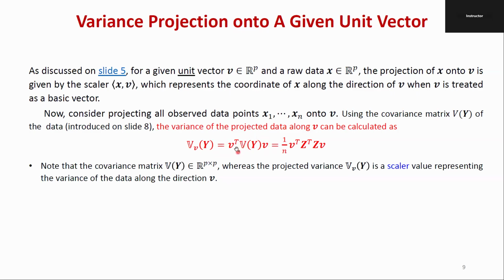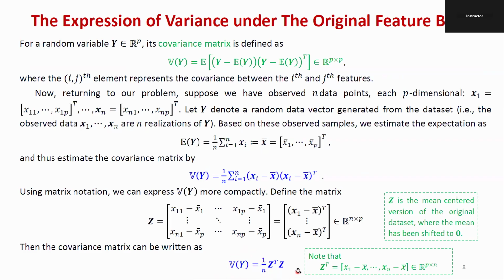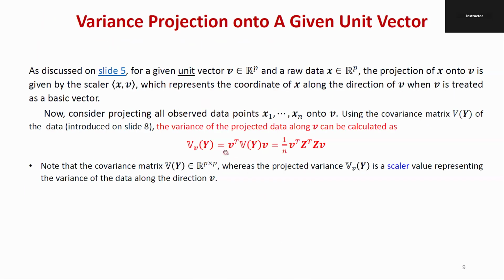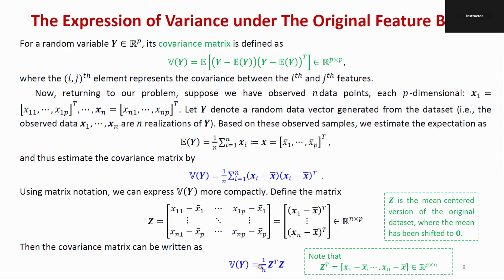Hence, the whole covariance matrix can be computed in this way: v transpose, the basis, times the covariance matrix, times another v. To make it more detailed, since the variance of y is 1 over n Z transpose Z, you have a left multiplication of the basis vector v transpose and a right multiplication of v. So it becomes this way: just left multiplication of v transpose and then right multiplication of v.